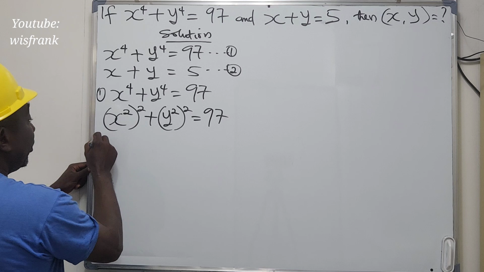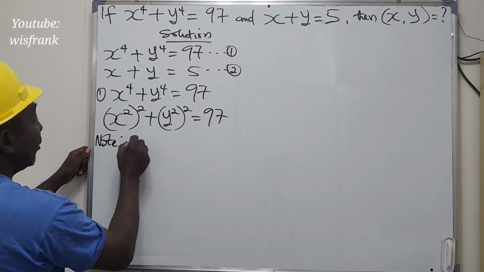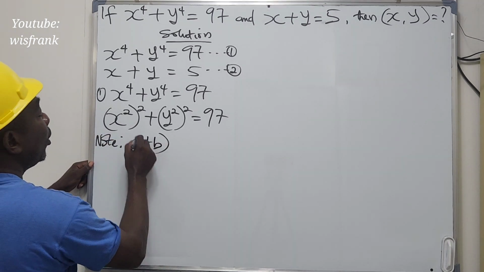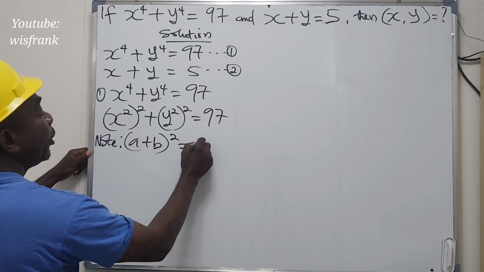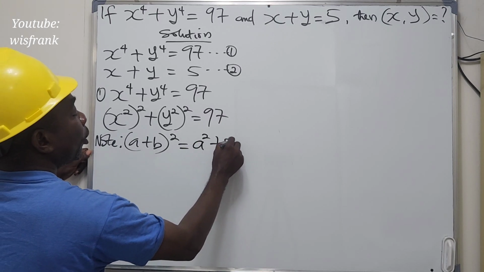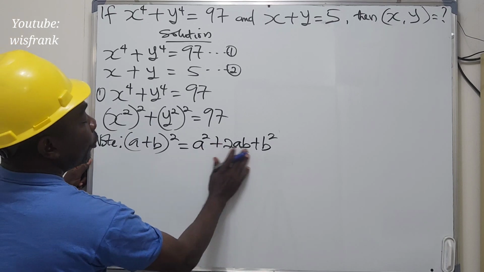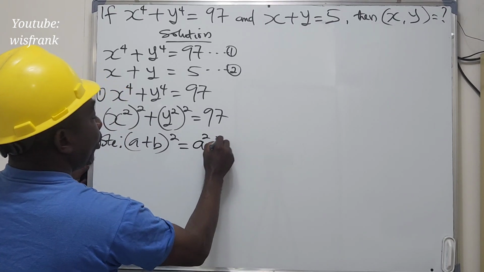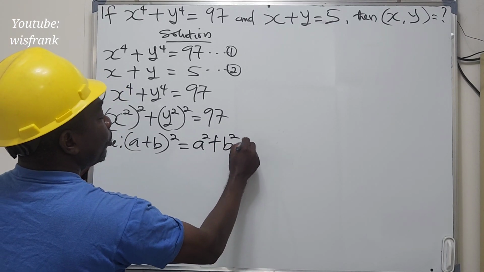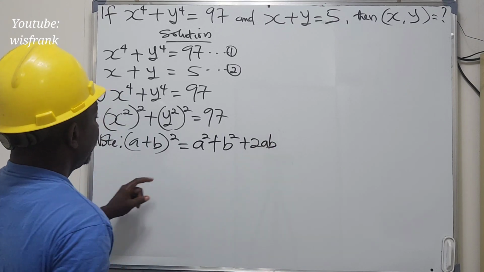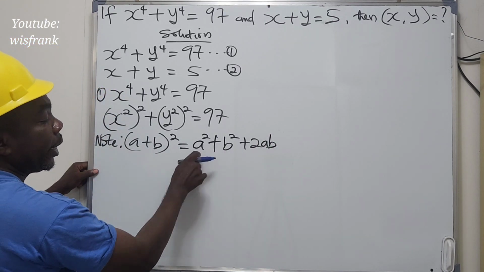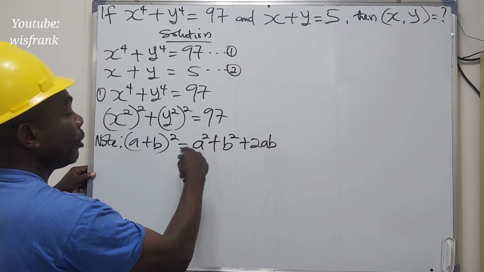Here we can recall, note, when we have (a plus b) all to the power of 2 equals a to the power of 2 plus 2ab plus b to the power of 2. We can also write it as a to the power of 2 plus b to the power of 2 plus 2ab. So in this case, let us make a to the power of 2 plus b to the power of 2 the subject of this expression.